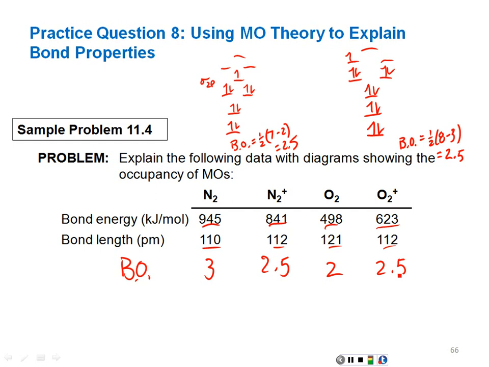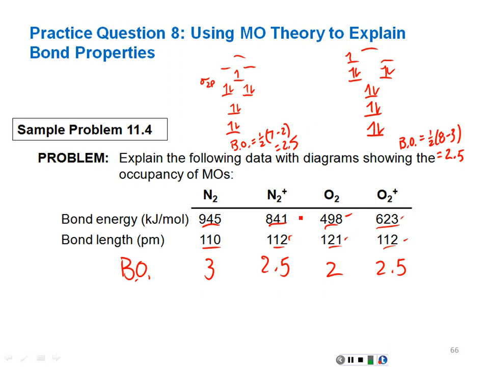So we see that O2, in this case, has the lowest bond order of all 4 of these species. So it has the lowest bond energy and the highest bond length. N2 plus and O2 plus both have the same bond order, and so you can see that they both have a similar bond length.